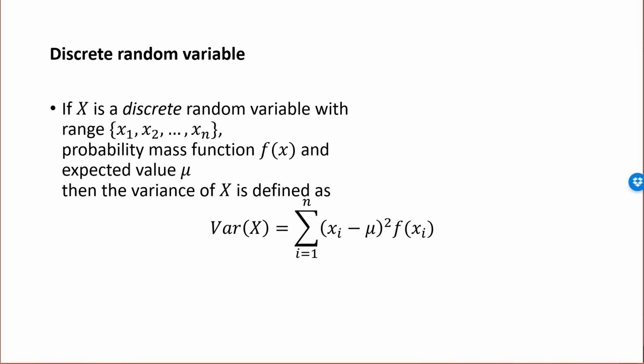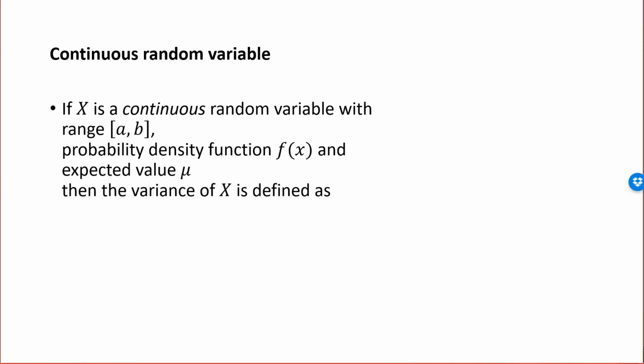If we go to a continuous random variable, where the random variable can take an infinite number of values in an interval, then clearly the sum will not work. So the sum is replaced by an integral. So if I have a continuous random variable with a range from A to B, and I have a probability density function, in this case PDF, and I have calculated the expected value, then the formula for the variance is very similar, replacing the sum with an integral.